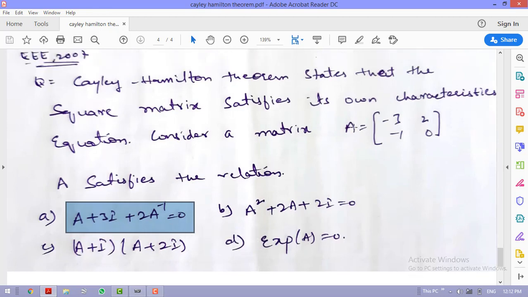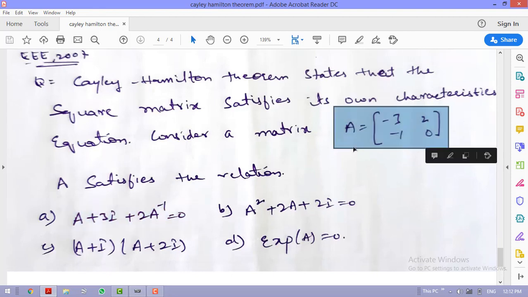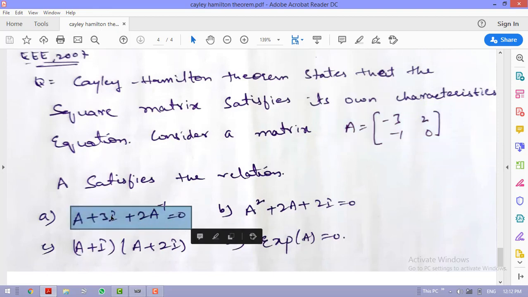You have to find the identity matrix, which is nothing but 1 0 0 1, and first you have to find A inverse using this particular matrix. If you are choosing this option, then A plus 3I plus 2A inverse, if it is equal to 0, then that is your first option.